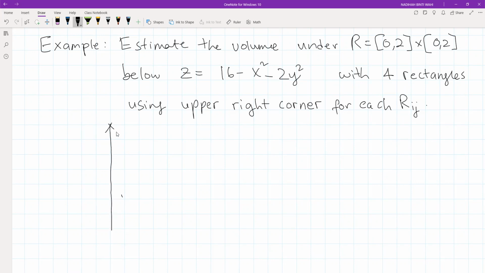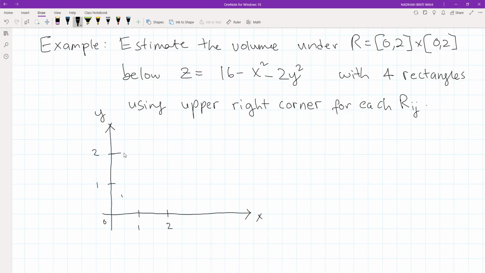Sebab saya nak tengok macam mana the position for each rectangle. So this is x and then this is y. And then dia kata apa? Dia kata region R is from 0 to 2. Let's take this 1 and 2. This is 1 and 2.